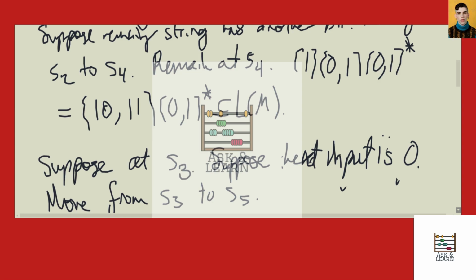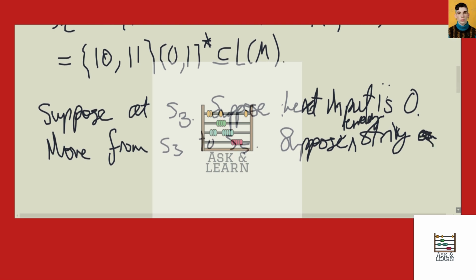And then once we're at state S5, we see that we're only going to move to S4 if the string contains another 1. So suppose the remaining string has a 1, then we're going to move from S5 to S4.